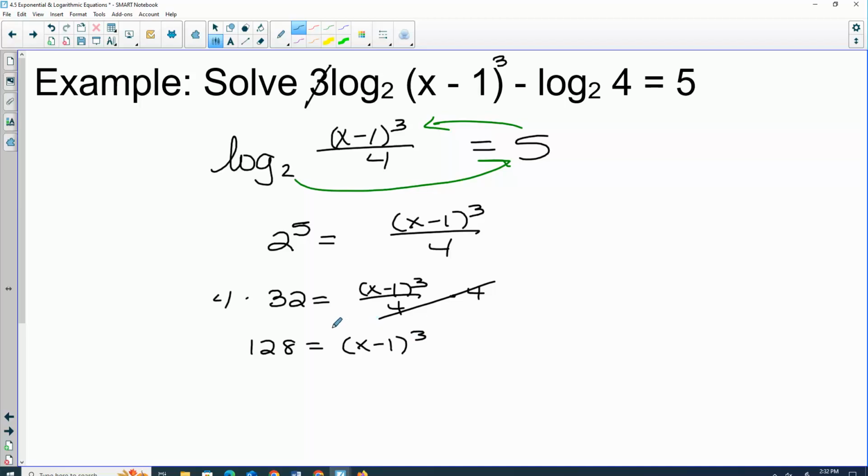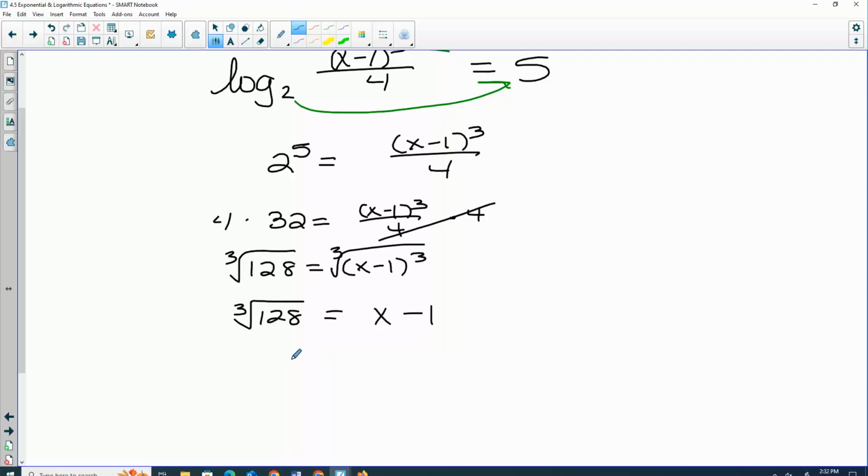Alright, so then we have to do the cube root. It doesn't work out perfectly. That's okay because remember yesterday we were putting these in the calculator and getting decimal answers. So they don't all have to be nice, pretty numbers. What would be the final step to get x by itself? Add 1. So I'm going to type in the cube root of 128 plus 1. Again, because it was an odd root, we don't have to have plus or minus, but if it was a square root, we would.